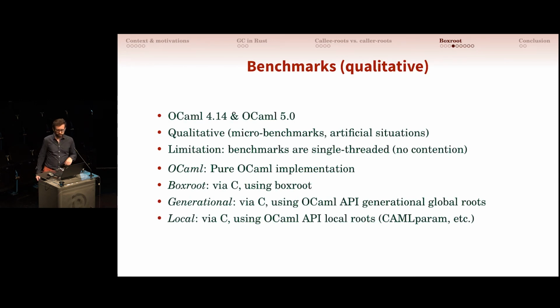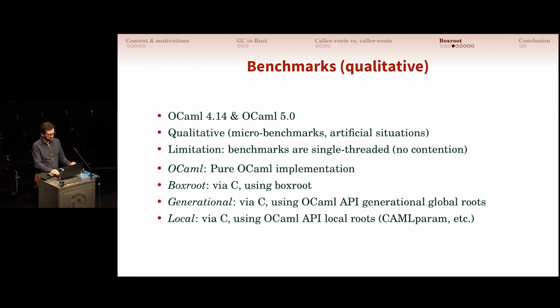And I will finish with a few benchmarks. So these are more qualitative benchmarks that helped us understand what affects performance. These are very artificial situations. The benchmarks so far are single-threaded, so I am not testing the efficiency of the multi-threaded implementation.